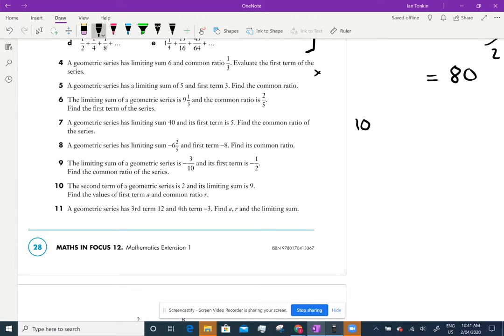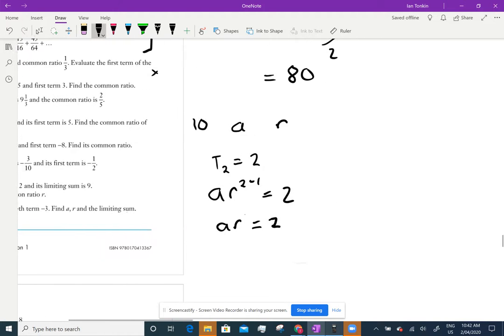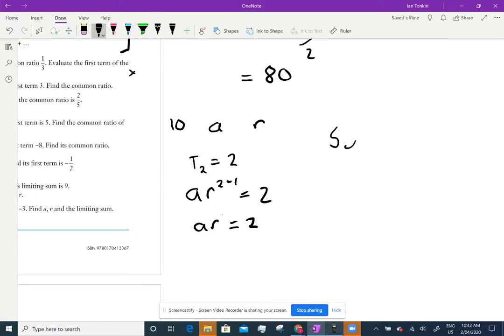A and R we don't know, but we know that the second term, T of 2, equals 2. Well, that's A R to the 2 minus 1 equals 2. So AR equals 2. Also, we know S of infinity equals 9.